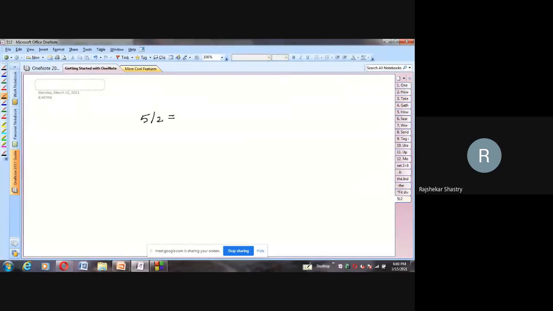As per mathematics, obviously we expect it to be 2.5. But in the C language, when we use this division operator, the forward slash, 5 by 2, the answer is not 2.5. The resultant answer is 2, not 2.5. Why 2? That is the important thing.